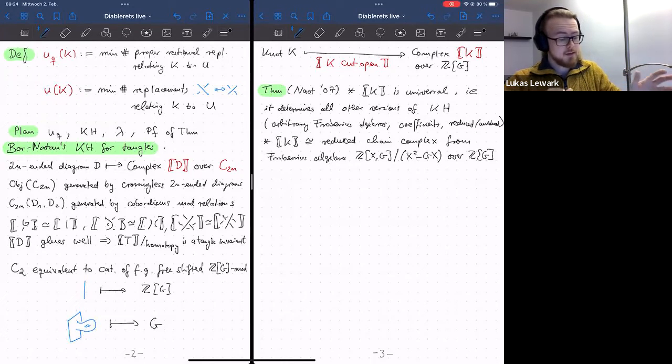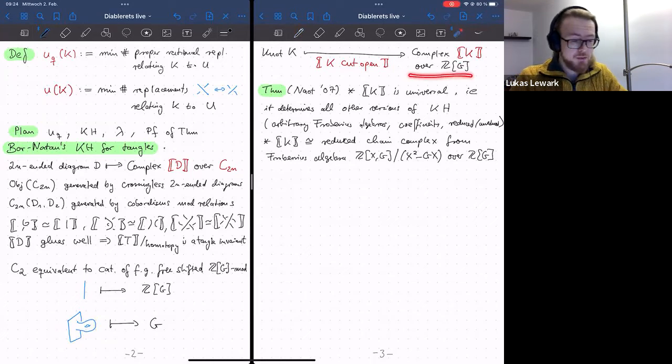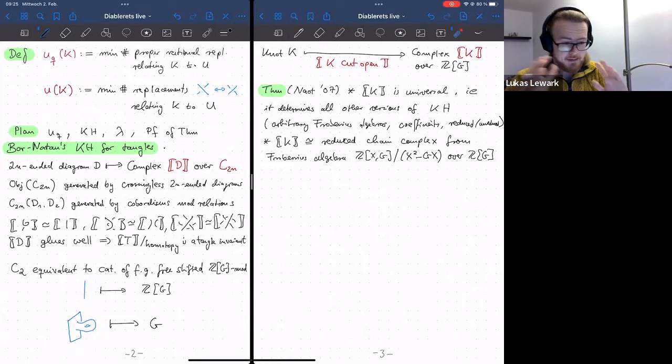You get two-ended tangle diagrams, and then you can, in this Khovanov theory, show that those two complexes you get are homotopy equivalent. But whatever way you do it, it does not matter where you cut this open. And of course, that's really because we're working with a knot. As soon as we're working with a link, it matters which component the base point, so the cutting point, is on.